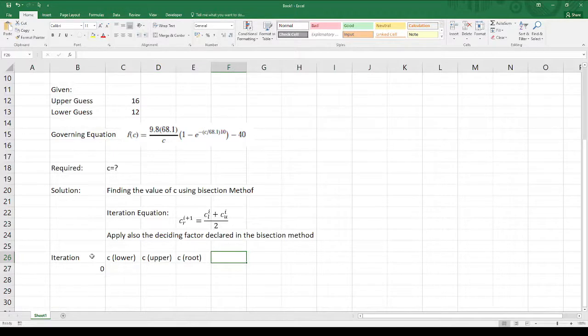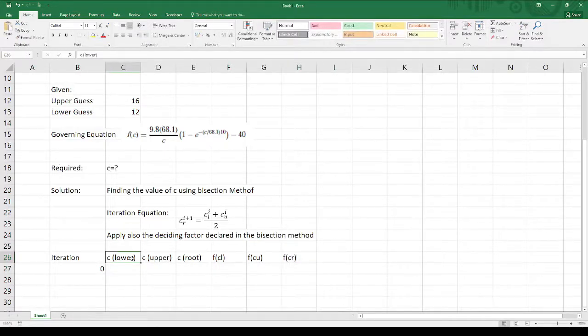And you need to find the F of CL, F of CU, and F of CR.